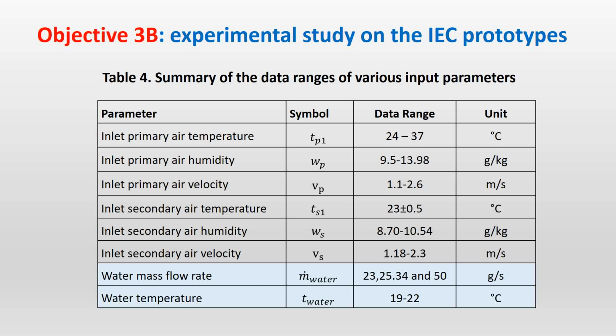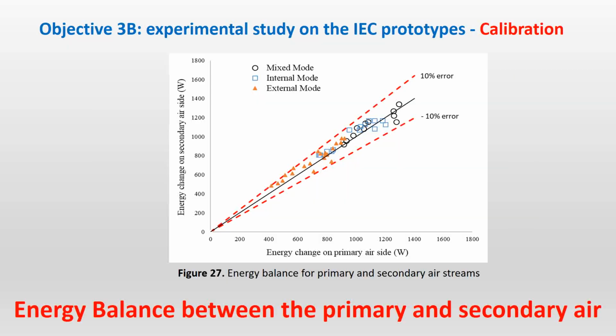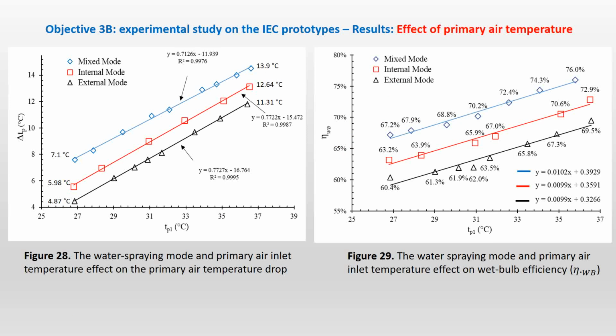Once again, we do the energy balancing, and they're still within the same range for the three modes of the water spraying. So the first one, well, I added a new term, which is the delta T_wb, or the primary air temperature depression. So you can see that now this is a classical method, the external sprayer.